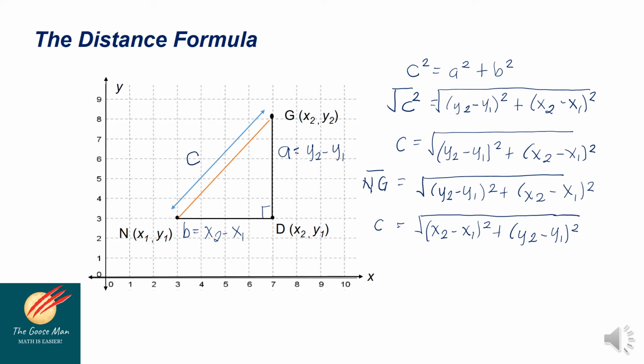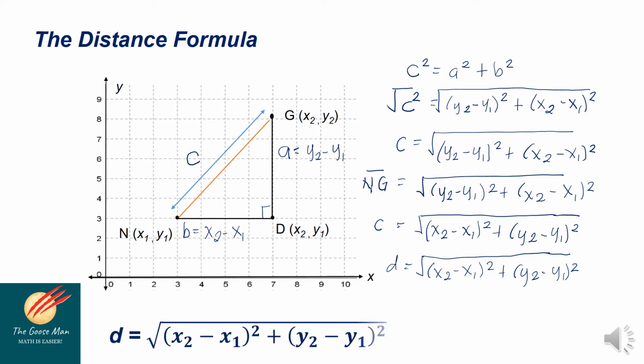And take note that the distance between the points N and G is the same as the square root of (x sub 2 minus x sub 1) squared plus (y sub 2 minus y sub 1) squared. So therefore, we can say that the distance, in symbol d, is equal to the square root of (x sub 2 minus x sub 1) squared plus (y sub 2 minus y sub 1) squared.